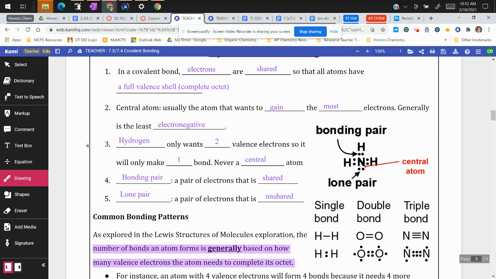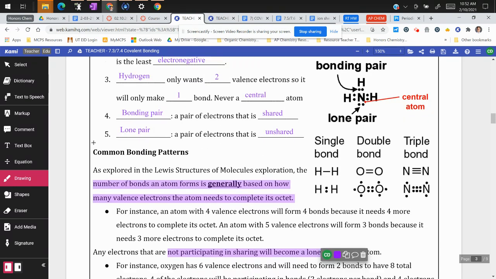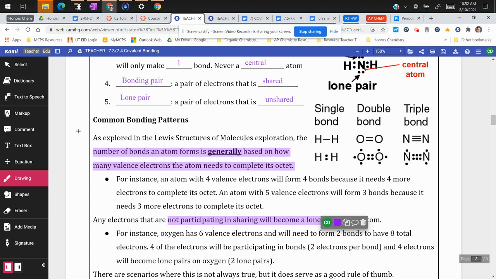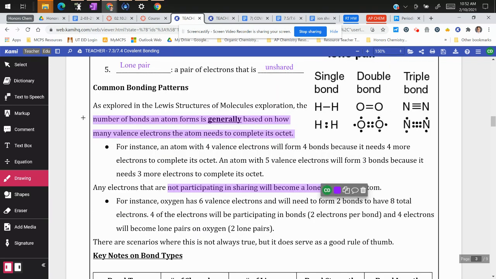A bonding pair refers to a pair of electrons that are shared and typically represented with a line. A lone pair of electrons is a pair that is unshared and is represented as 2 dots that are next to each other. As we explored above, the number of bonds an atom forms is generally based on how many valence electrons the atom needs to complete its octet.